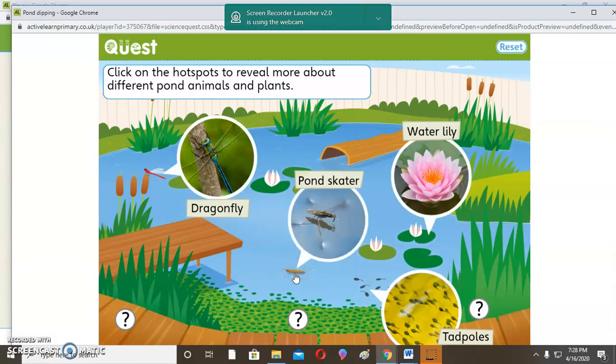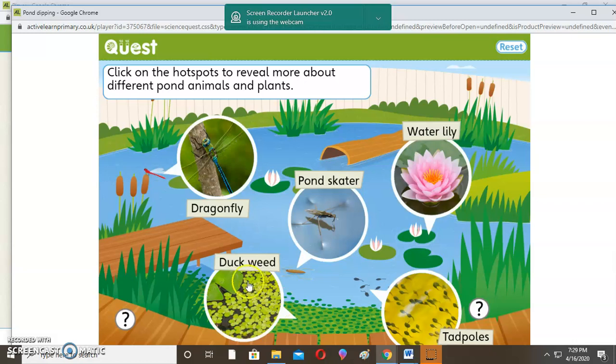It's a pond skater. And then what do you think this is? These are duckweed. Even duckweeds are found in swampy regions. If not in a pond, you can also find them in a swampy region.